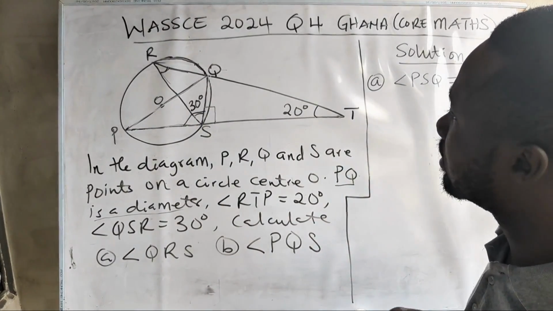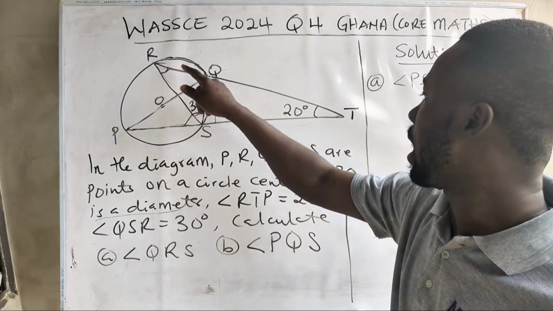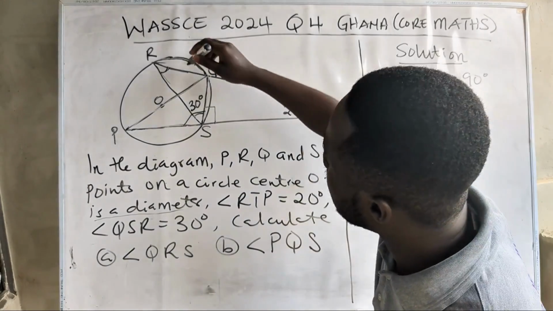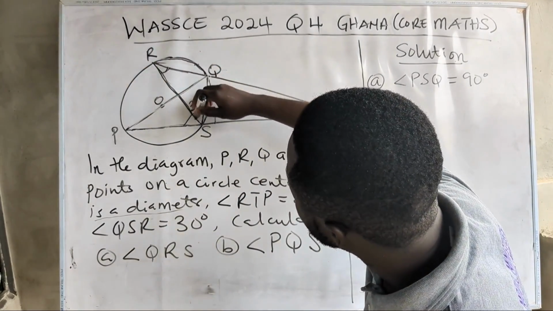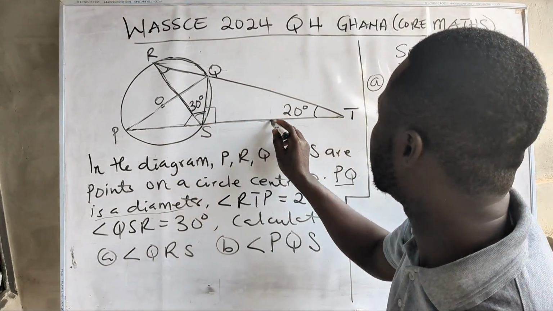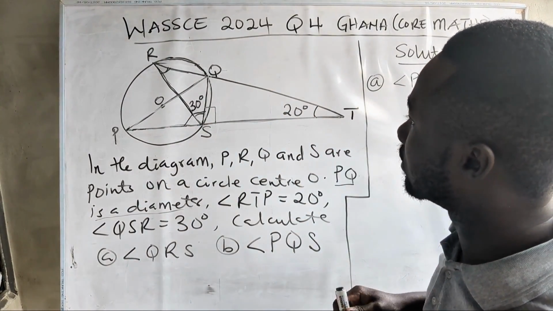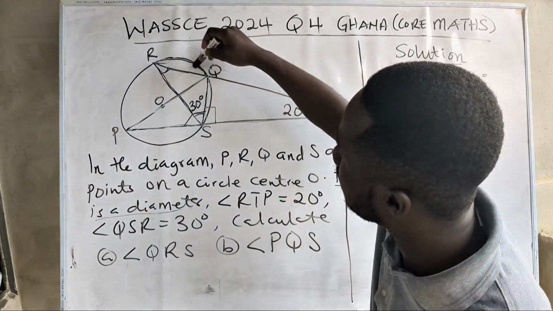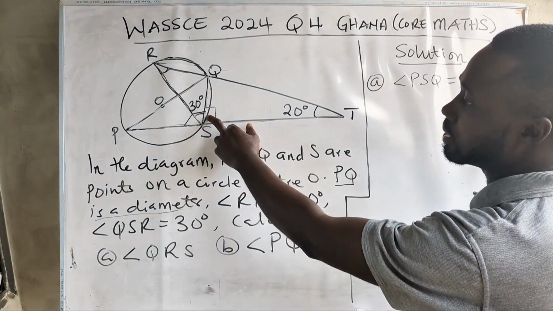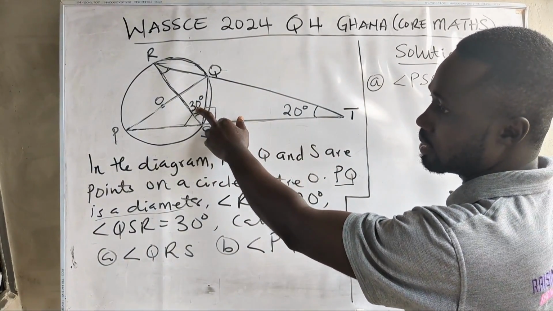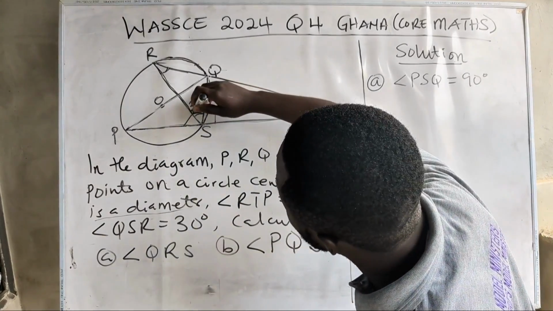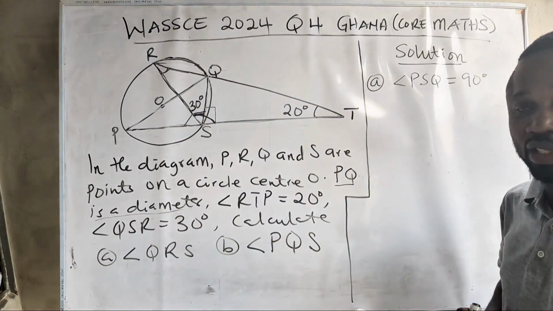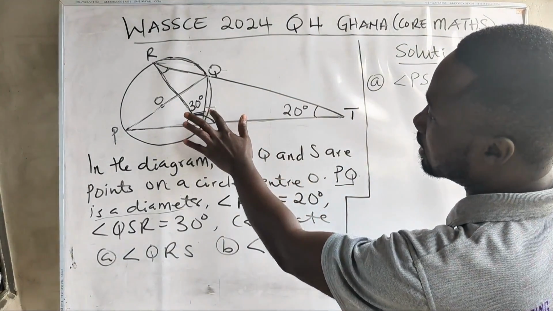If that is the case, we are given RTS as 20 degrees here. And you see that RST is a triangle: RST, 1, 2, and then 3. And we know here is 90, this place is 30. So this particular place here will give me 90 plus 30, which is 120 degrees.